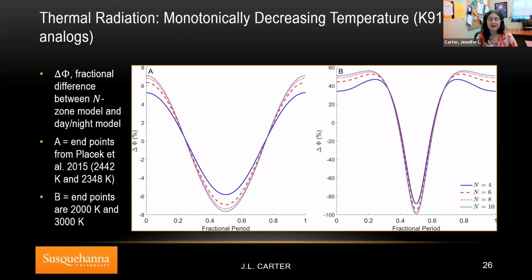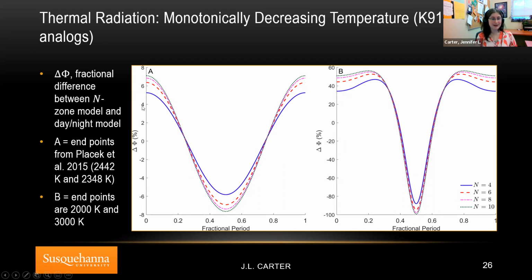Shown here is a look at Kepler-91b, making a few important assumptions. Here we're assuming a monotonic decrease in temperature from hottest to coolest, because otherwise there's no way to really make a fair comparison between a 2-zone case where we're just looking at something like what Placek et al. was looking at, a day and a night side, and an n-zone case where we have 4, 6, 8, or 10 zones.